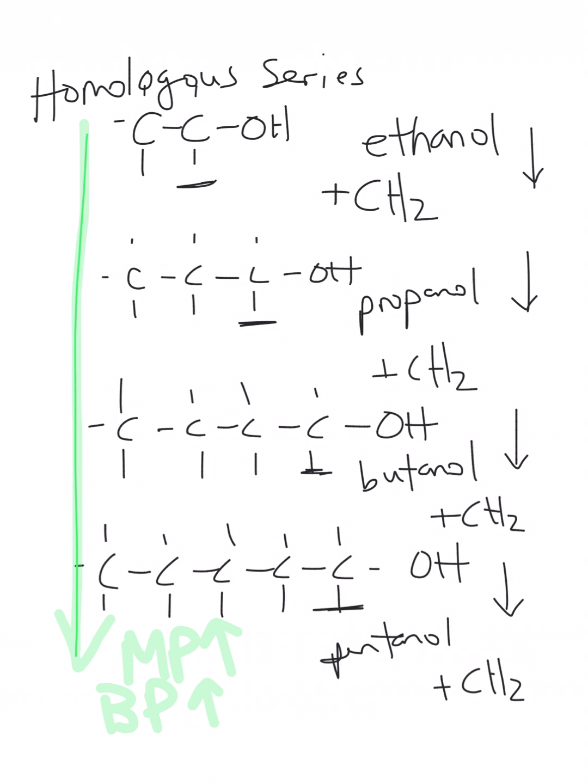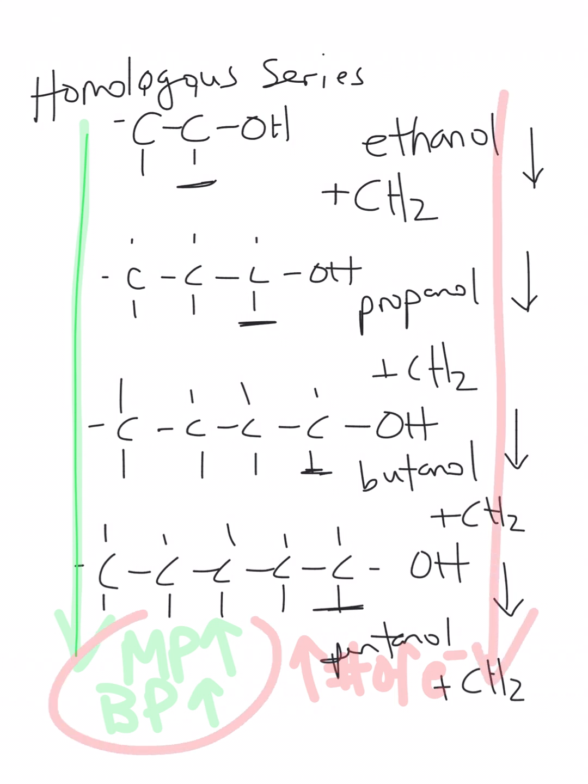As these molecules get larger, they have a greater dispersion force, or London force, between them. This intermolecular force depends on the number of electrons in the compound. Because the number of electrons increases as we go from the top to the bottom, we also get an increase in melting point and boiling point.